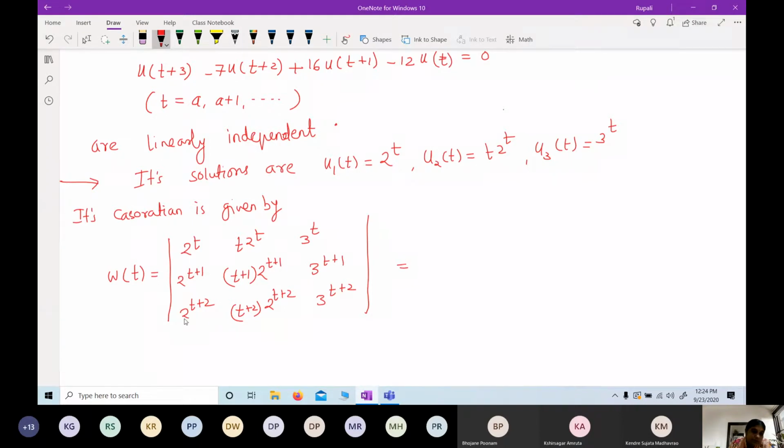We can use determinant properties here. From the first column, what can I take common? 2 raised to t, because 2 raised to t plus 1 I can write as 2 into 2 raised to t, and 2 raised to t plus 2 I can write as 2 raised to t into 2 squared, which means 4 times 2 raised to t. So from the first column I can take 2 raised to t common.